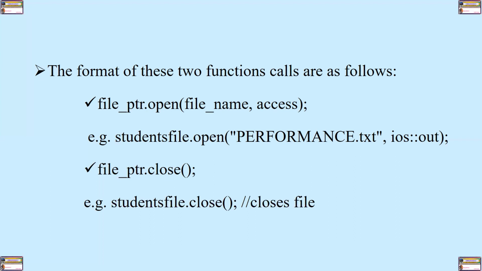For example, studentsFile.close() closes the file. Which file? The file that this pointer has been assigned to, or that it is pointing to. In this case, if you write studentsFile.close(), the file that is going to be closed is performance.